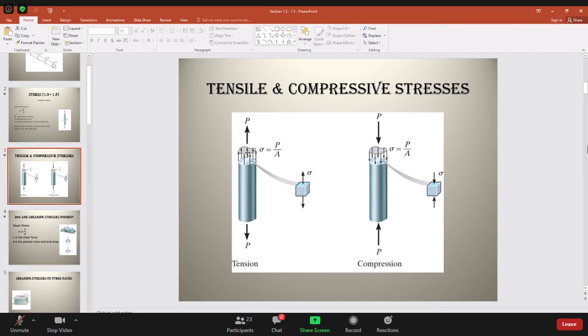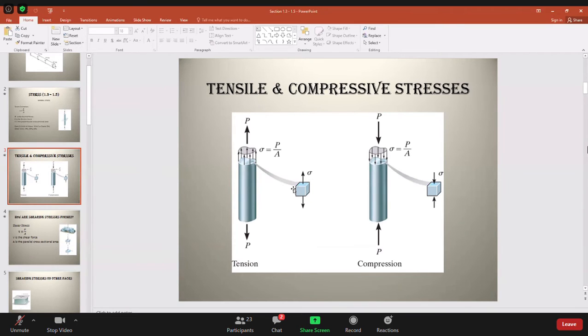And notice that when you take out a small little cube from there, what you are showing is sigma as the stress on this surface. But to balance this sigma, there has to be another sigma on the opposite face to keep the equilibrium, just because you had the P there also. So there will be a P here also, so it is always shown in pairs.